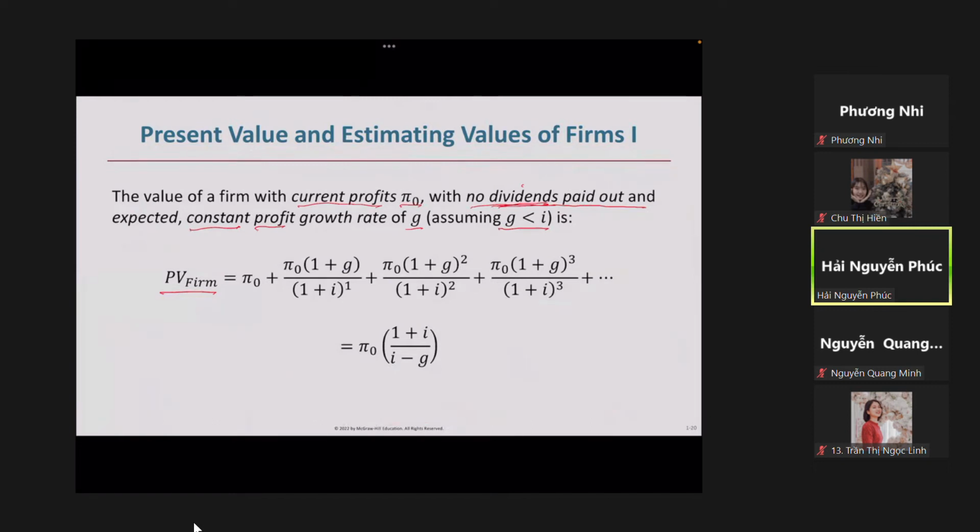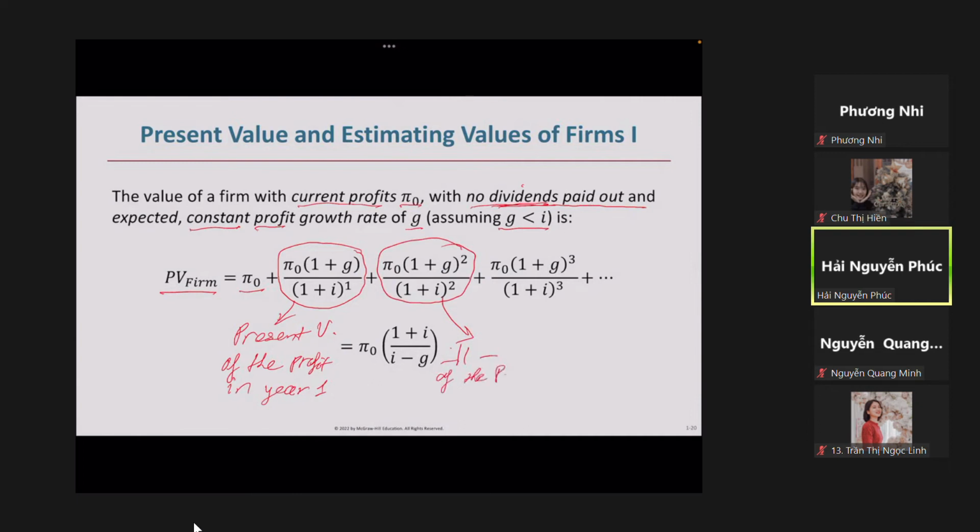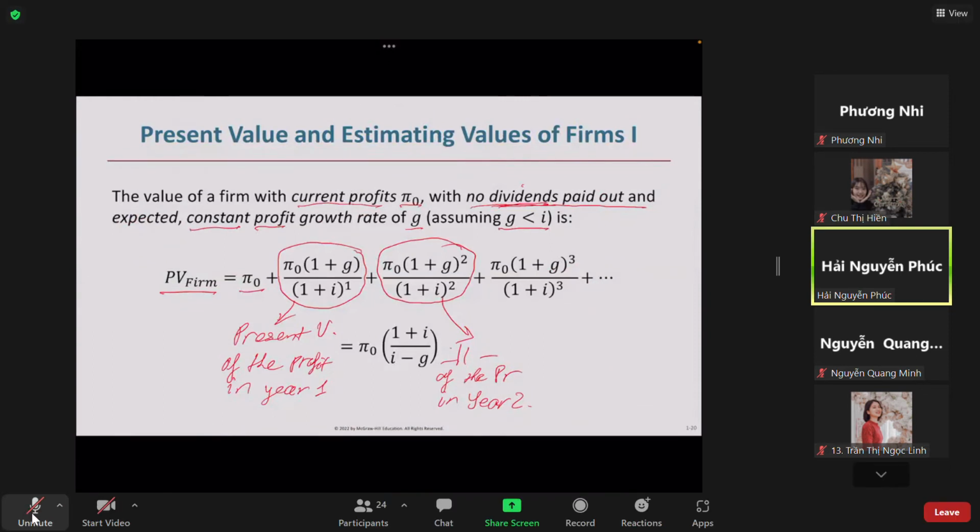If you look at this formula, pi 0, the current profit, is the present value of the profit in year 1, next year, right? Here it is, once again, the present value of the profit in year 2. Okay, understand?